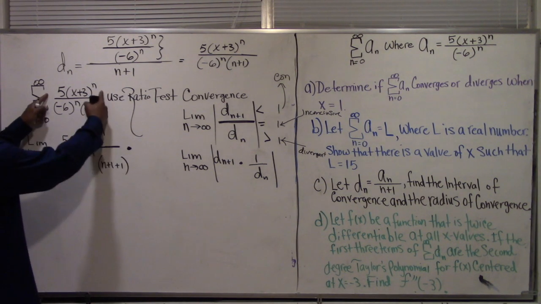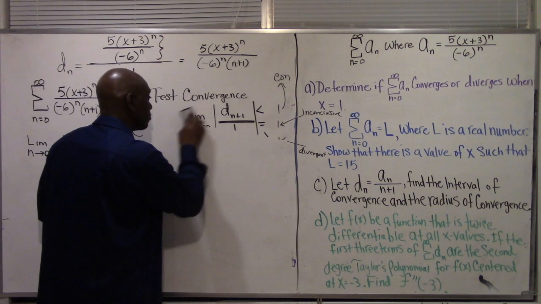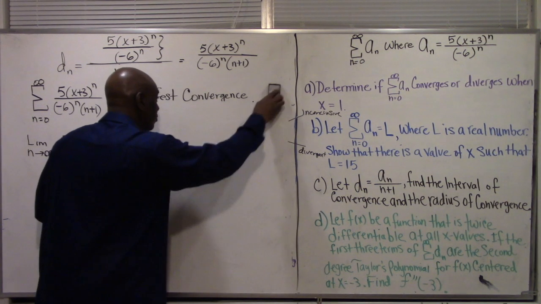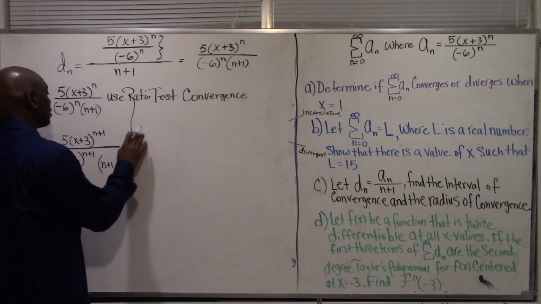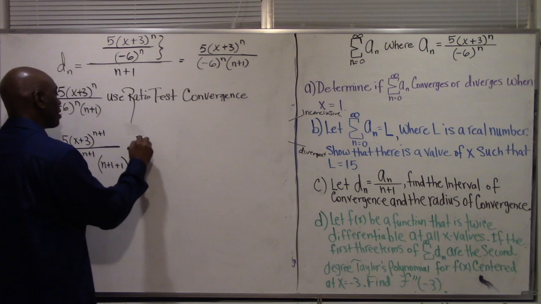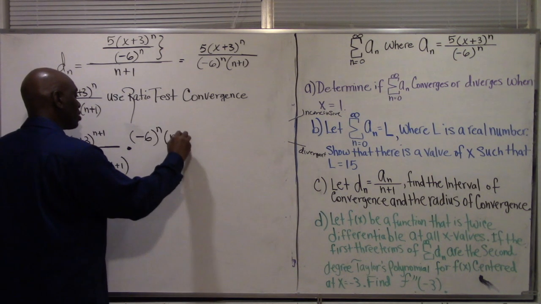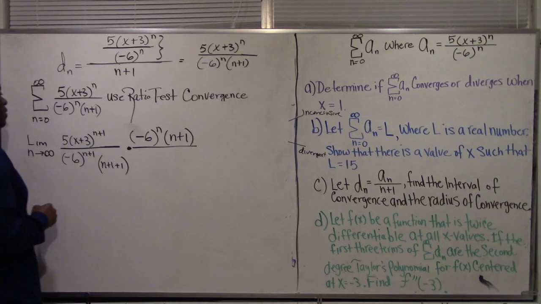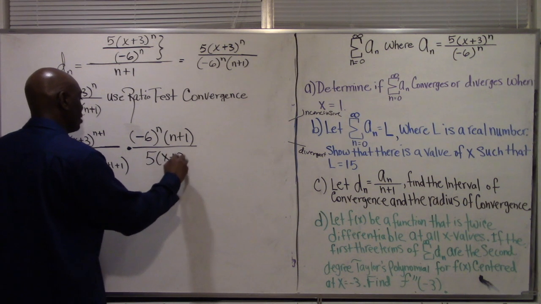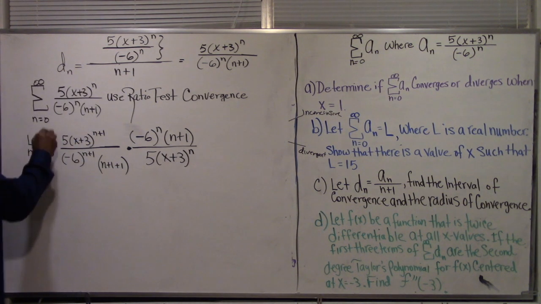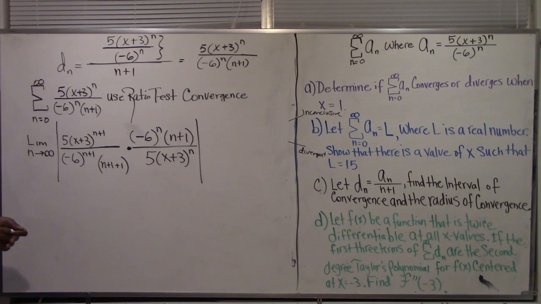So take now this expression and give me the reciprocal of it. The reciprocal times (negative 6) to the n times (n plus 1), all divided by 5 times (x plus 3) to the n. Absolute value of all of this. Okay, now we're cooking. Now we got it.